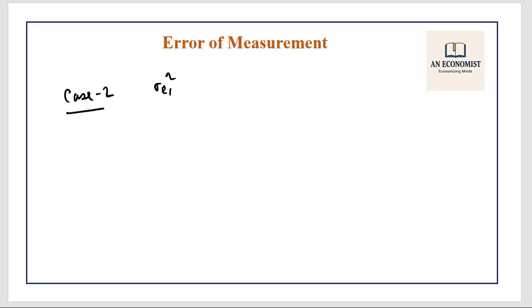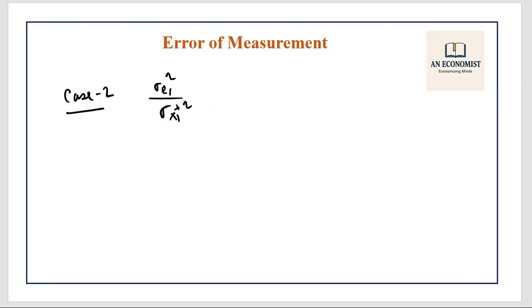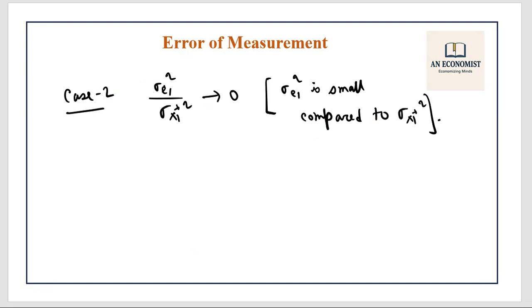The final case is case 2, where you assume just the opposite. Suppose sigma E1 square is strictly smaller, so basically this ratio is going towards 0. We are assuming sigma E1 square is small compared to sigma x1 star square, which basically means eventually this ratio is tending towards 0.